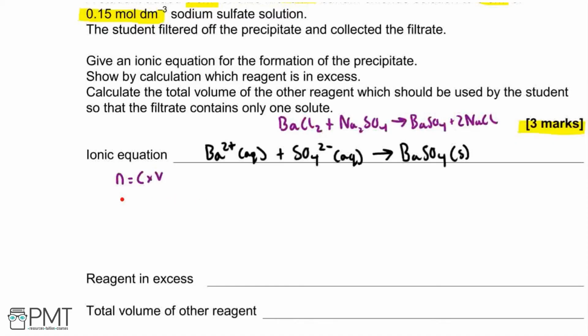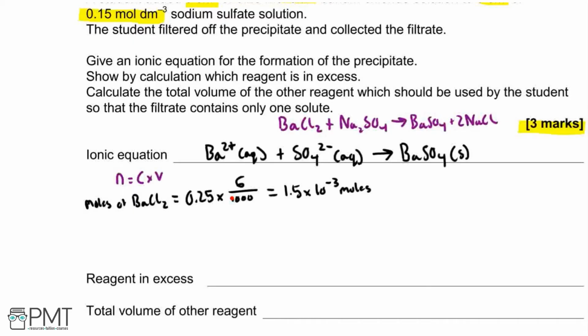For moles of barium chloride, BaCl2, we do 0.25 multiplied by the volume, but first we need to convert it from cm³ to dm³ by dividing by 1000. So we multiply by 6 over 1000, which gives 1.5 × 10⁻³ moles.